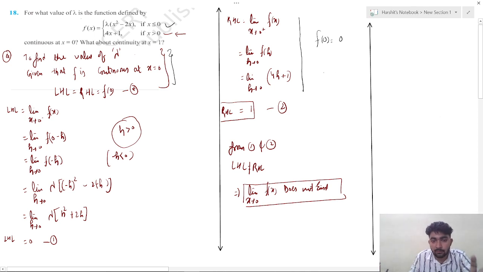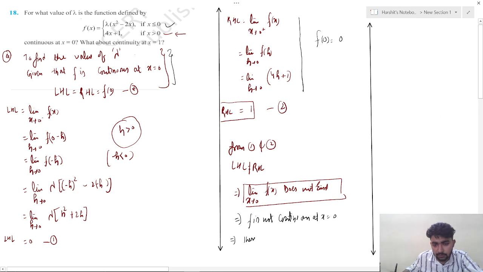We observe that LHL is not equal to RHL, hence the limit does not exist. If the limit does not exist, f is not continuous at x equal to 0. If the function is not continuous at x equal to 0, it means that there is no value of lambda for which the function is continuous.